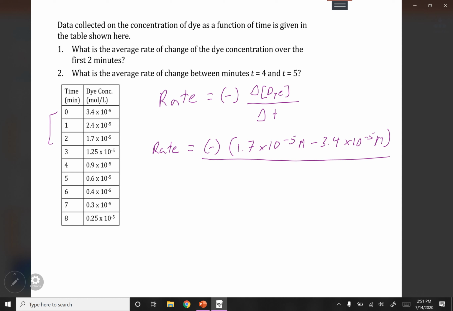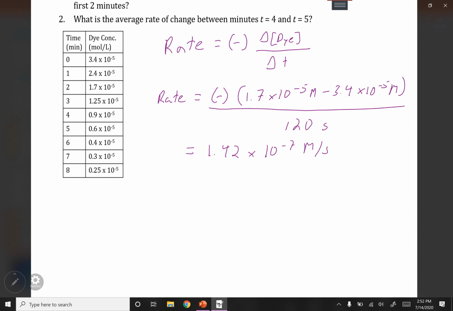What is our change in time over 2 minutes? We want this in seconds so that we have our answer in molarity per second. Well, 2 minutes is 120 seconds, of course. This gives you an answer of 1.42 times 10 to the minus 7 molarity per second. It's easy as that. For the first 2 minutes, that's our average rate.